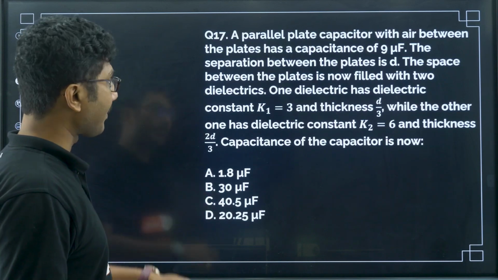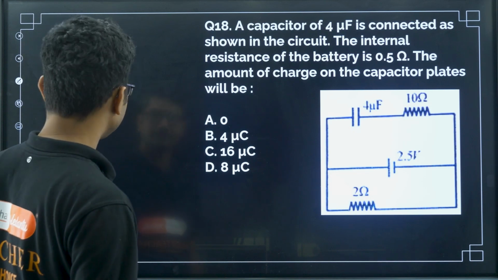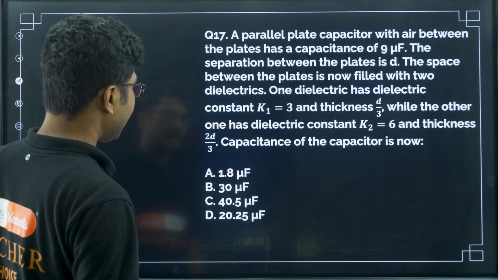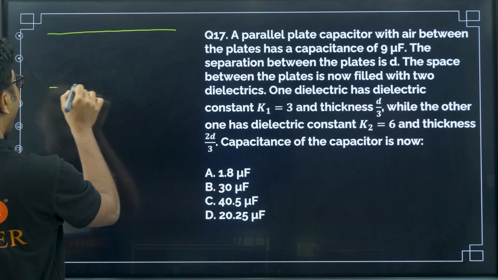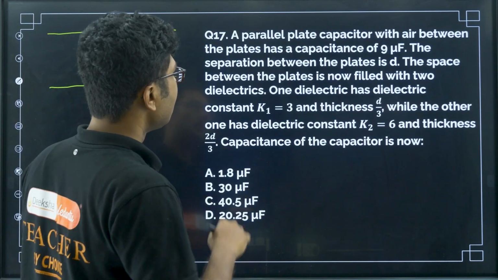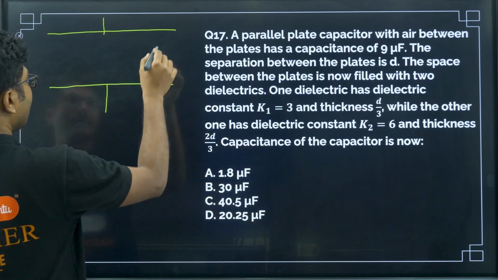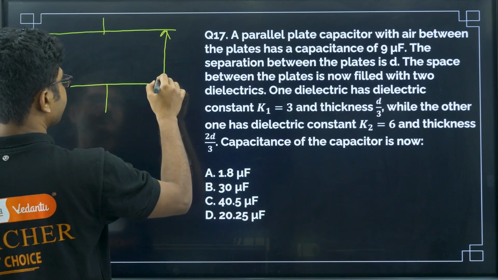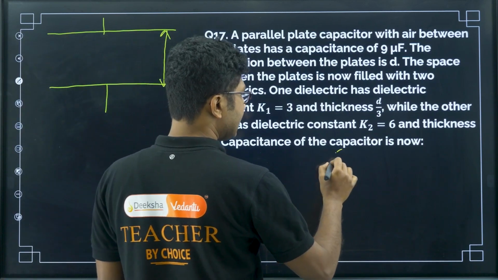The capacitance of the capacitor is. So what is the diagram of this? Let us draw the diagram of this combination. This is the capacitor. Initially, what is the capacitance?